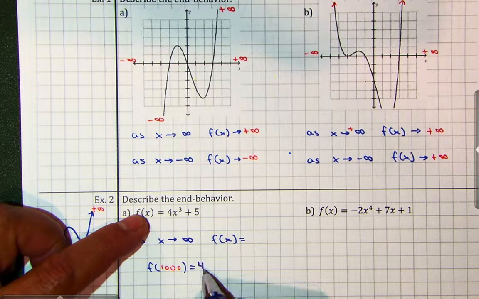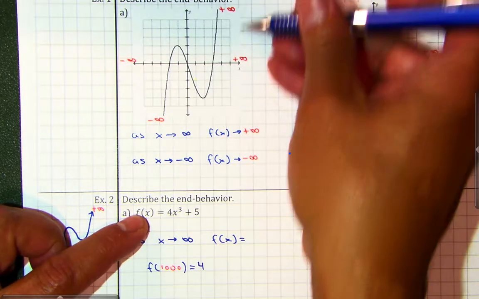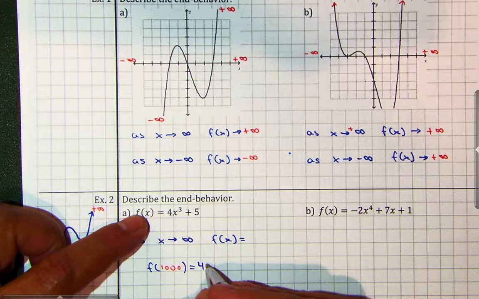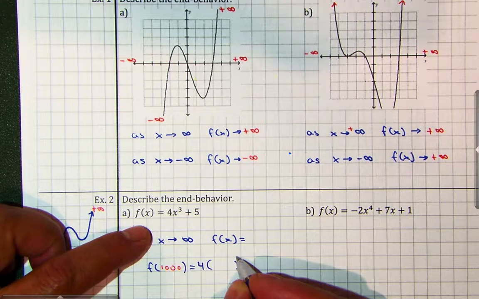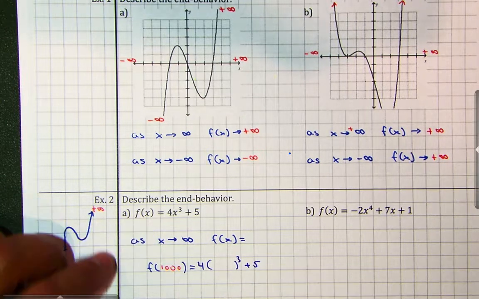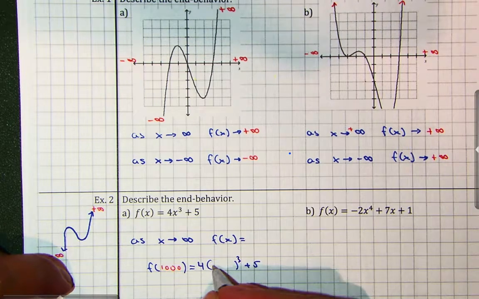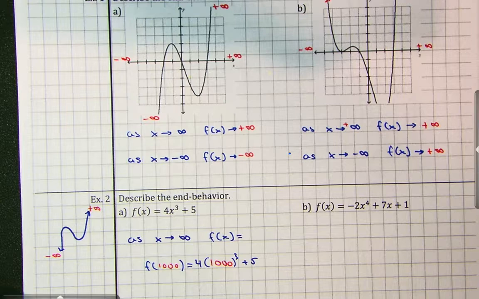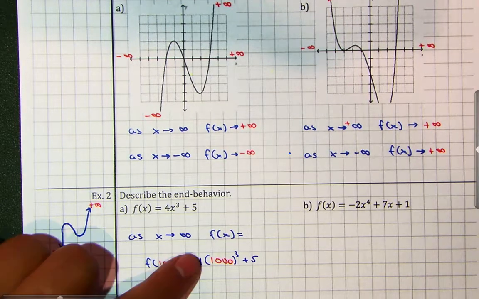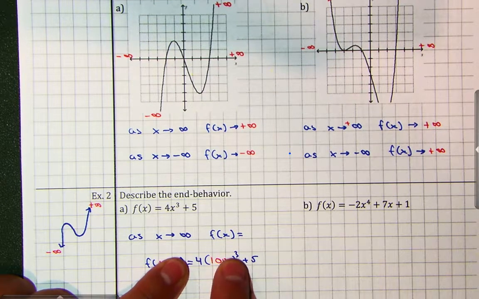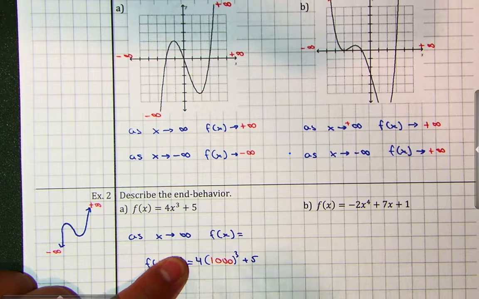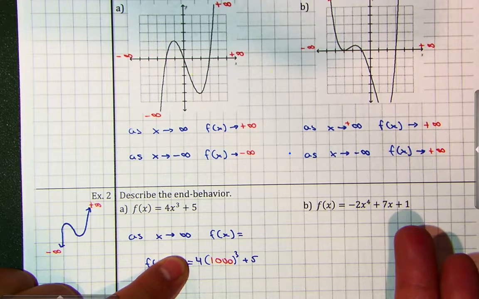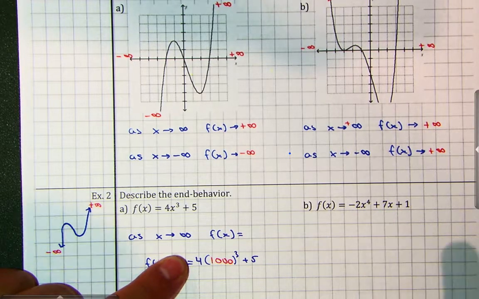Where is going to be the point? What is going to be the y value? So 4x to the third power plus 5. And I'm going to plug in 1,000. And now let's go and simplify it. What's 1,000 to the third power? 1,000 times 1,000 times 1,000. It's going to be a huge number, right?